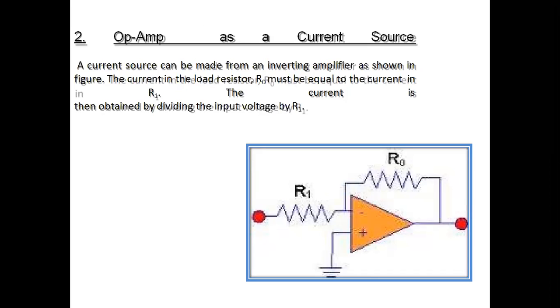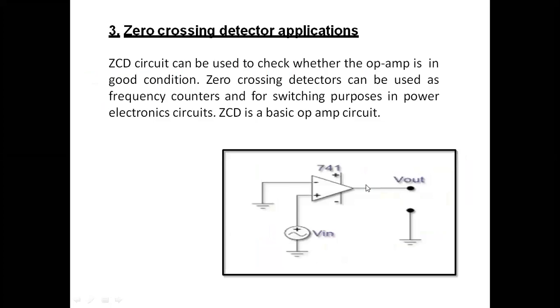If we use the op-amp as a current source, we can use an inverting op-amp. Here we get the current flowing through the load resistance, that is nothing but RO. That will be the current flowing through R1, because these are connected in series.